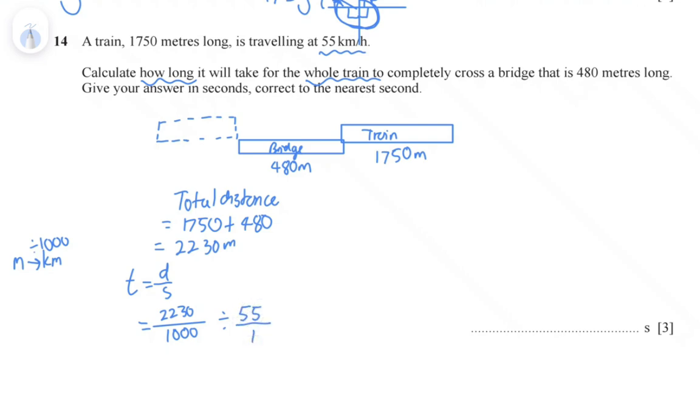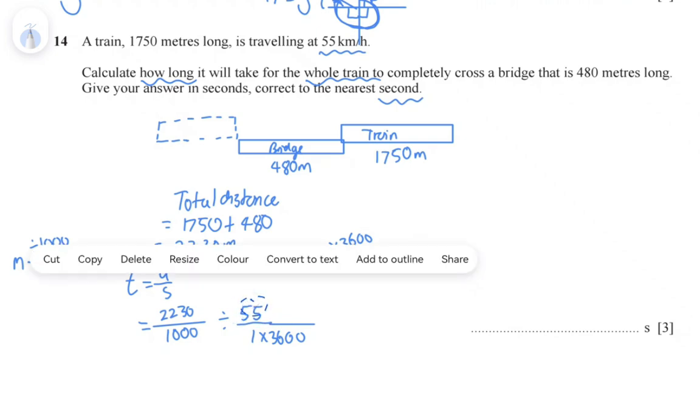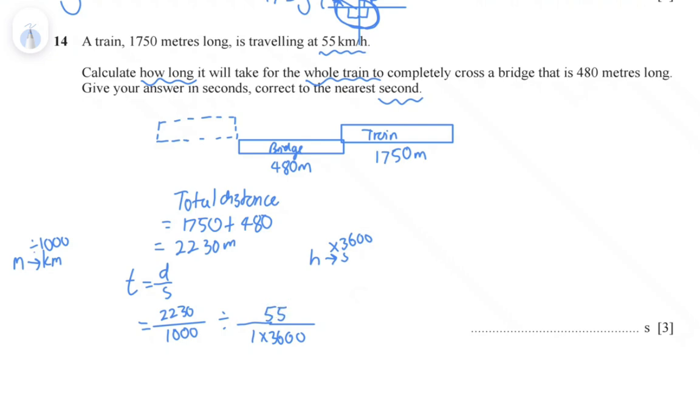And because we want our answer to be in seconds, we'll convert the hour to seconds by multiplying by 3,600, because 55 kilometers in 1 hour is the same as 55 kilometers in 3,600 seconds.